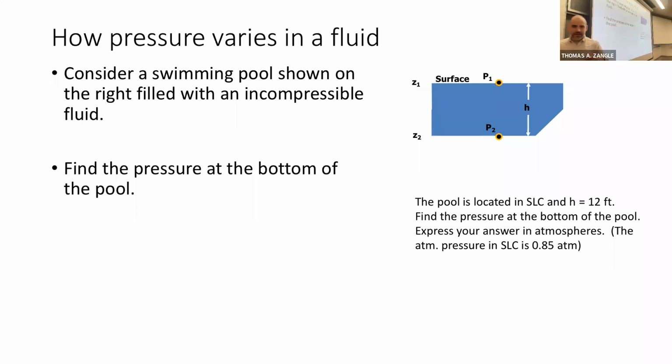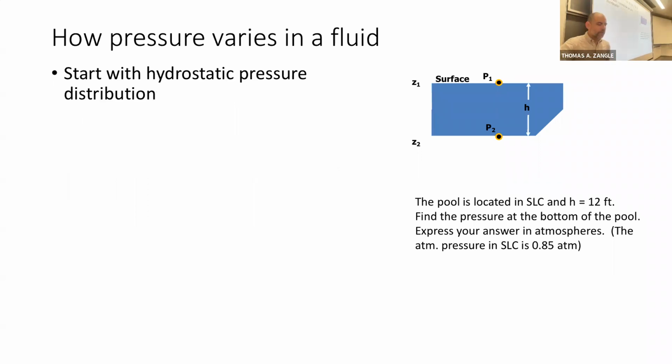So we can start exactly at that point. We start with the hydrostatic pressure distribution: P2 minus P1 is equal to minus gamma times Z2 minus Z1. What is P1? It's just the atmospheric pressure.